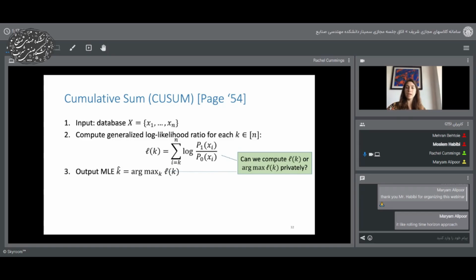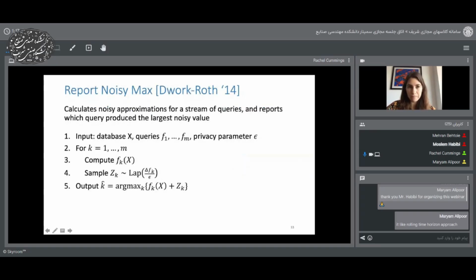And so then to make this private, we're going to have to either compute L_K privately, or we can compute the argmax of L_K privately. And in fact, we're going to compute the argmax privately. And so we're going to use a private tool called report noisy max. And this was introduced in the privacy textbook by Dwork and Roth.